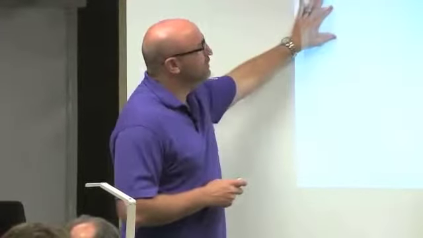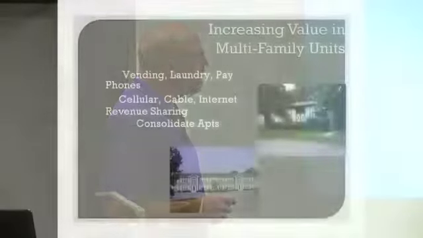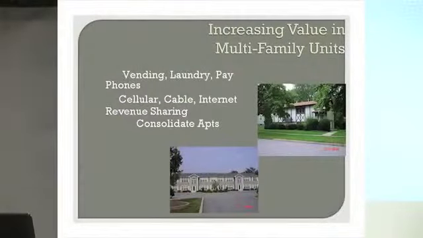So here's some other things. You might be able to add vending, laundry. I don't know if payphones are the thing anymore, but cellular, cable, internet revenue sharing. This is a building that I own that you can't see because of this tree, but it's got an 18-inch tower on the building. And that tower provides broadband internet service for the whole neighborhood.